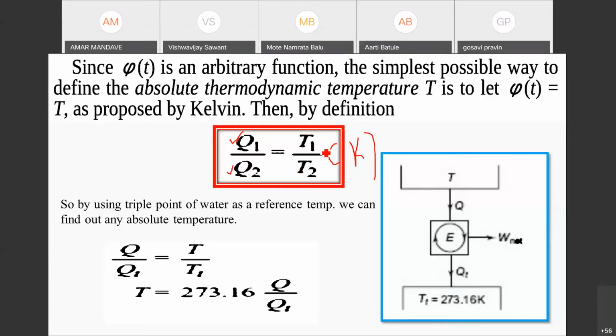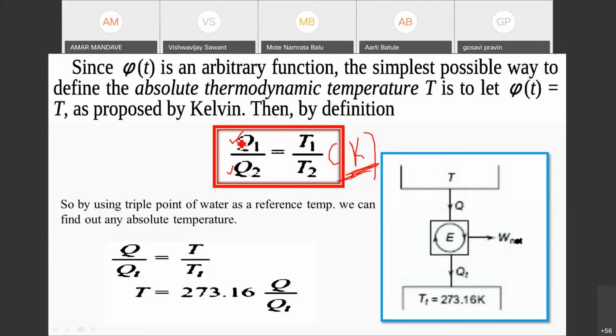So from this absolute thermodynamic temperature scale, we can define that the heat absorbed by the engine upon the heat rejected by the engine is equal to the temperature of the heat-receiving reservoir upon the temperature of the heat-rejecting reservoir. The assumption is that the temperature scale should be a Kelvin scale.